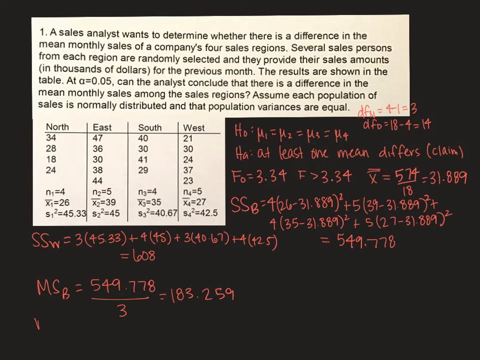And then MSW is going to be SSW, which was 608, divided by my degree of freedom of my denominator of 14, which gives me 43.429.